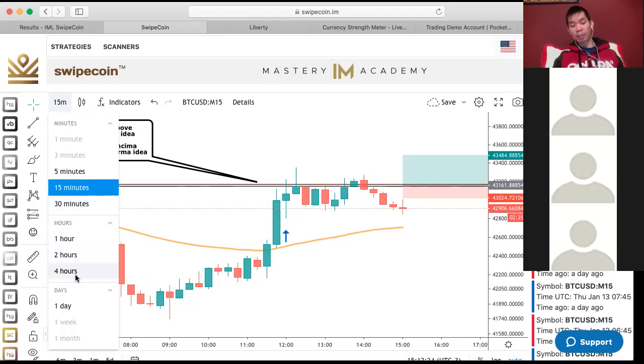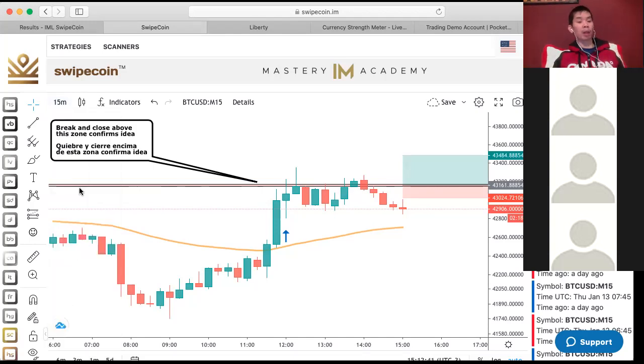How I like to do it is to start on the 4 hour time frame and move it down. But 15 minutes is usually the best indicator of how this market is going to move, so I like to keep it on the 15 minutes.